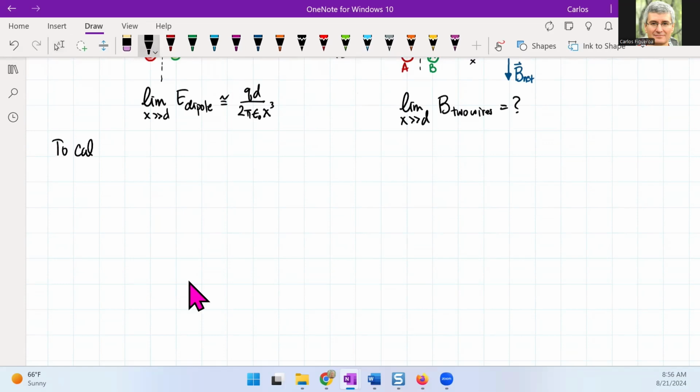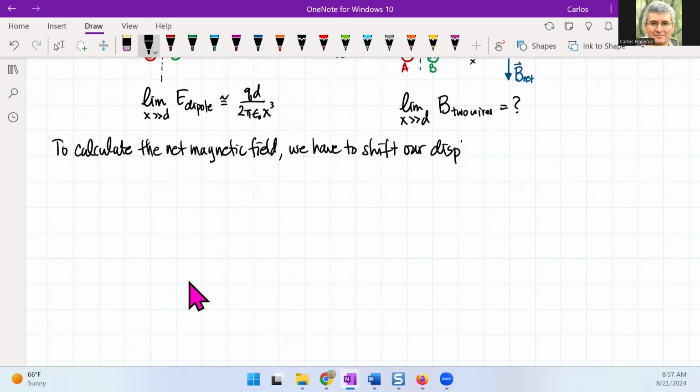To calculate the net magnetic field, we have to shift our displacement vectors.